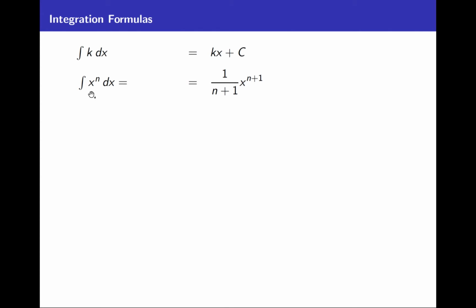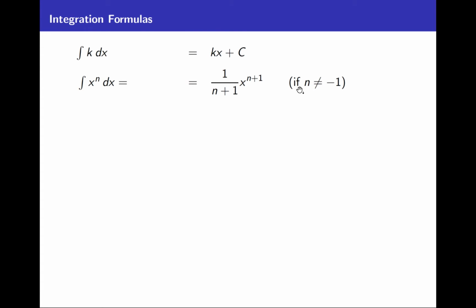Now, here is our power rule for integration that we just mentioned on the previous slide. And my goodness, I forgot to put the plus c right there. That is a typo.